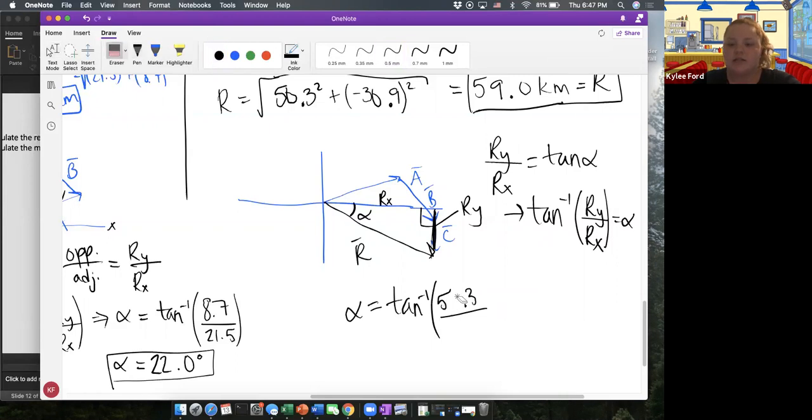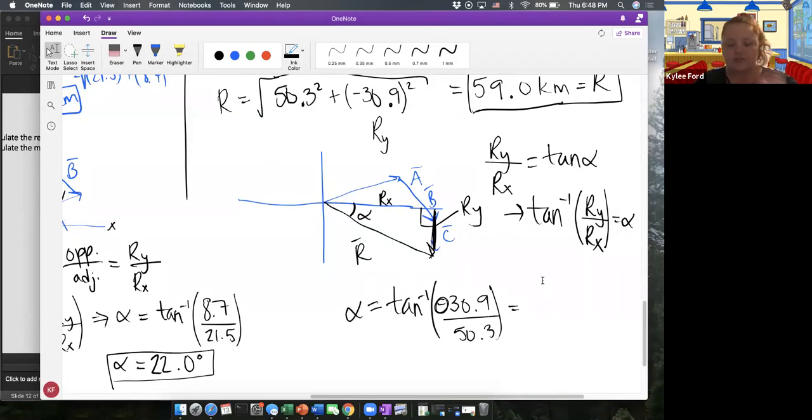Oops, I did that backwards. Sorry about that. RY, that's going to be this guy here. This one was RY. So we have our negative 30.9 divided by 50.3. And don't forget that negative. That negative is going to affect the answer, so be careful with that.